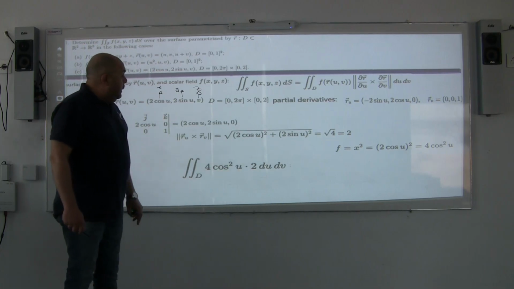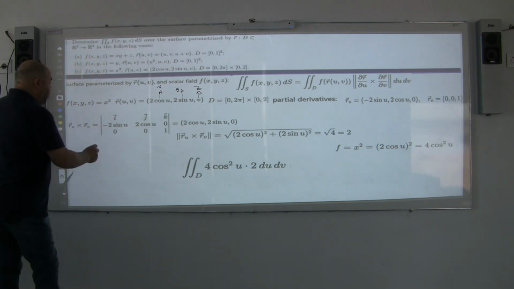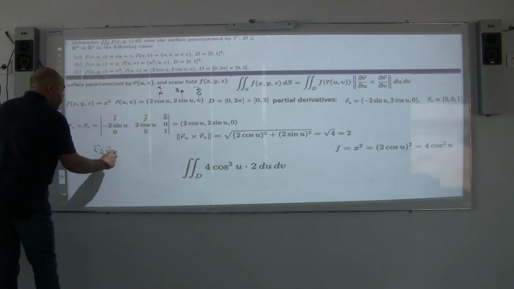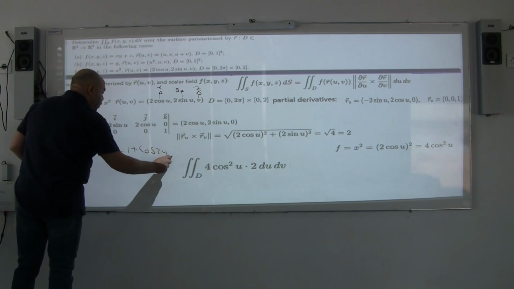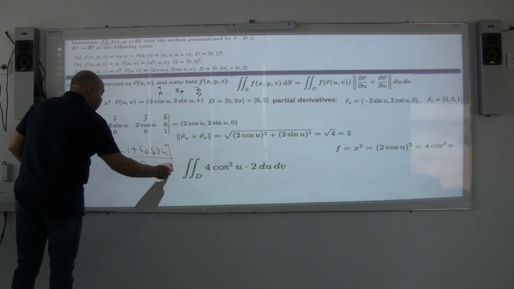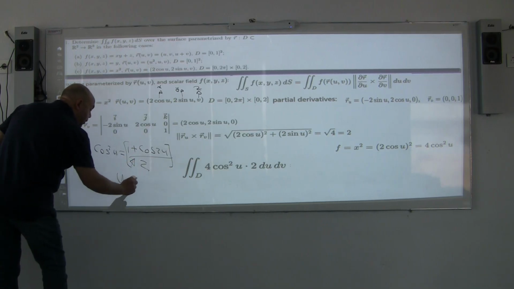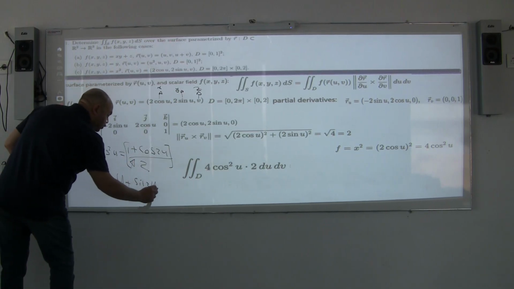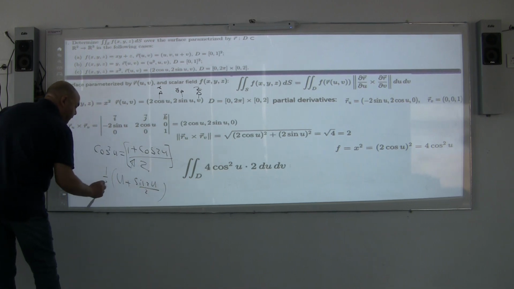How to integrate cosine squared? I know you know that. Of course, if I have cosine squared u, I will have to replace it by 1 plus cosine 2u divided by 2. Then I will integrate this guy, which is going to be u plus sine of 2u divided by 2. Don't forget, all of this is multiplied by half.